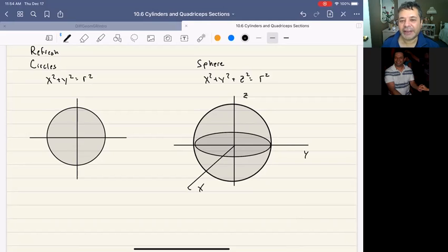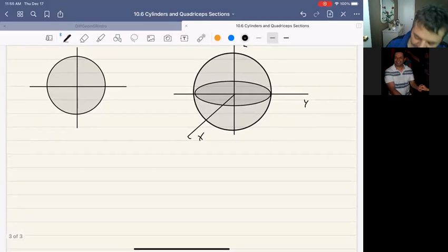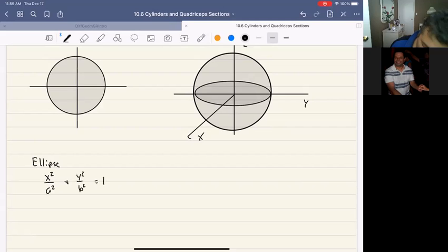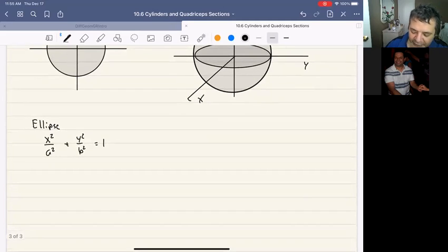So now let's take a look also at ellipses and ellipsoids. So an ellipse, x squared over a squared plus y squared over b squared equals 1. Now when I teach this in pre-calc, just because of the way the book is, a is bigger than b, we don't worry about that here.